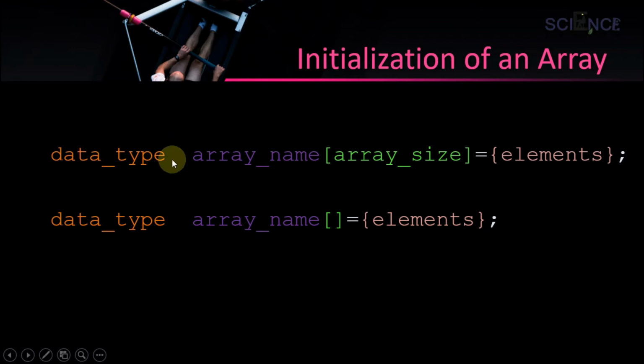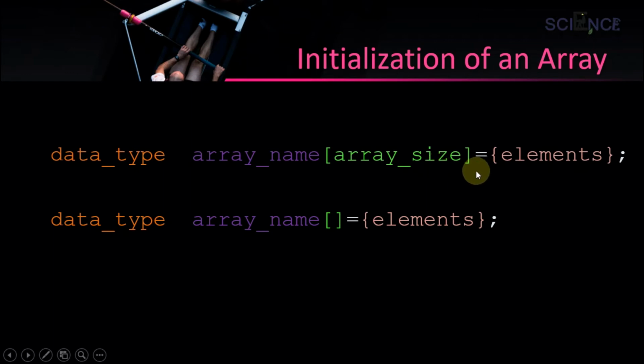If you want to assign values at the moment you are going to declare, then we should do it like this, right? As you know how to declare an array, you need to mention the data type and the name and the array size within the square brackets, and we end it with a semicolon, right?